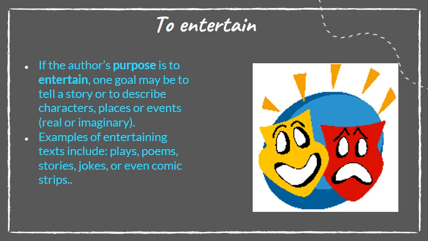They could be real or imaginary. So here the stories and the descriptions could be real or imaginary. Examples of entertaining texts include plays, poems, stories, jokes, or even comic strips.